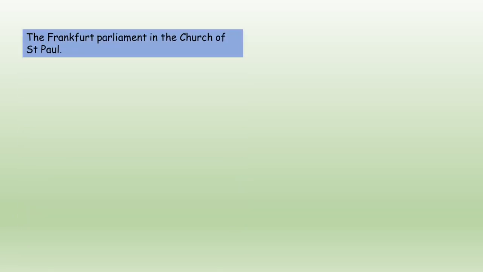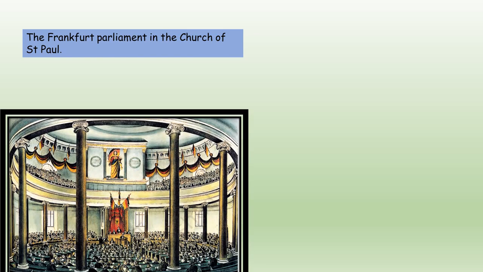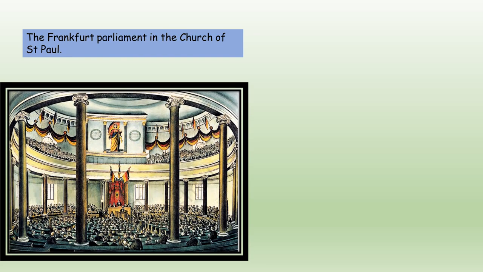Now, let's look at the next picture. This is talking about the Frankfurt Parliament in the Church of St. Paul's. What exactly happened there? Let's have a look. We all know that the political associations in Germany during the 19th century had decided to get together in the city of Frankfurt and vote for the German National Assembly.